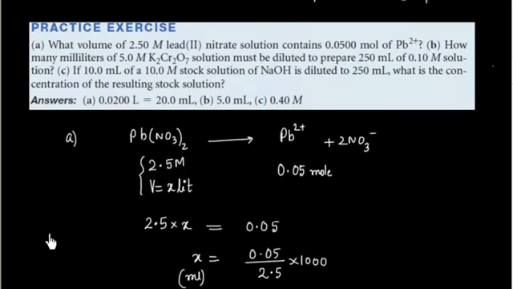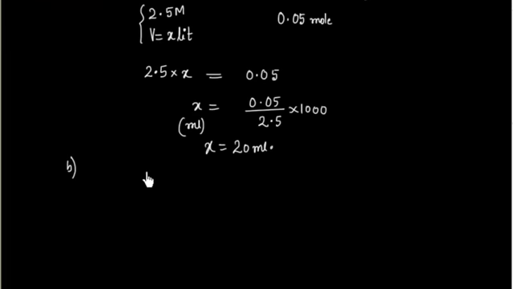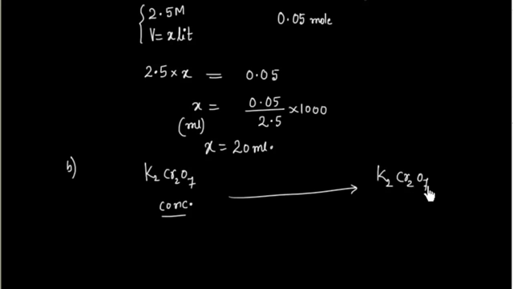Now let us discuss part B. How many milliliters of 5 M K2Cr2O7 solution must be diluted to prepare 250 ml of 0.1 M of the same solution? So I have a K2Cr2O7, that is concentrated, and if I add water we can have K2Cr2O7 that is dilute.